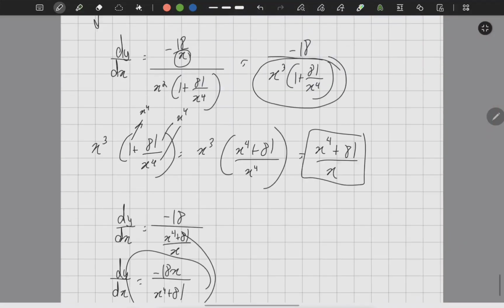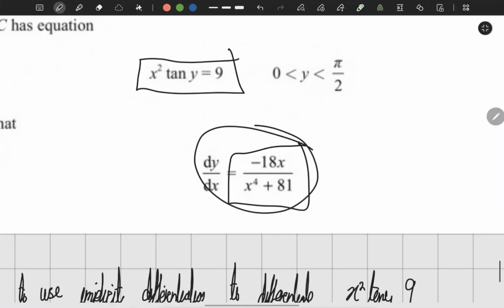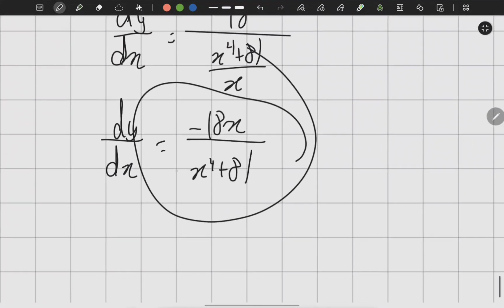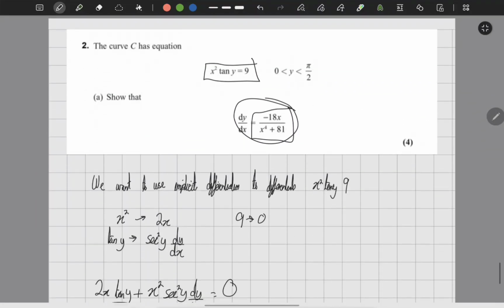And I think that is our answer. If we check, 18x over x to the 4 plus 81 matches. So yeah, that's correct.